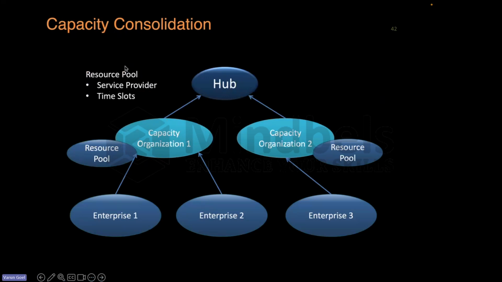So let's say you have a resource pool where you define your service providers and time slots, and you define a resource pool for winter and a resource pool for summer. Because in summer the days are usually longer, so you might have extended time slots. But in winter, in the resource pool, your days are very short, and maybe you are closing up at 5 p.m.